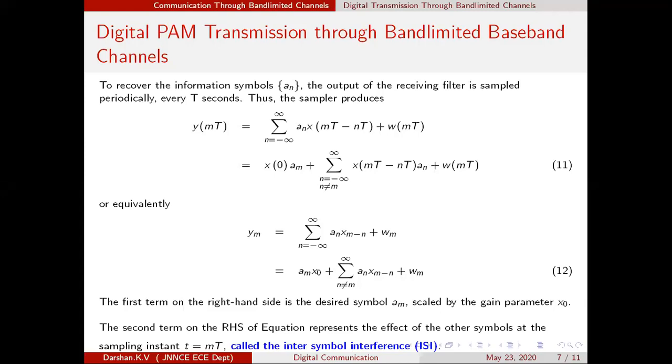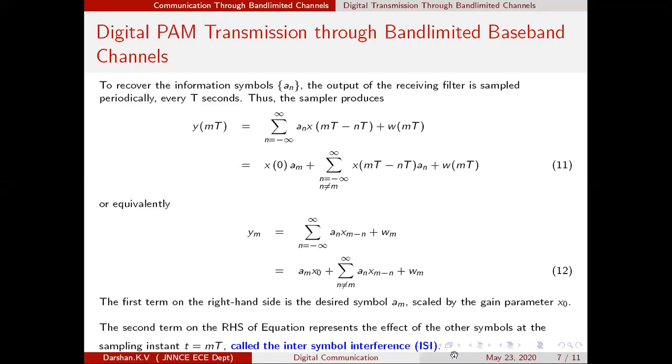So, that is the case. Now, among the 3 terms in equation number 11, which are wanted and unwanted? The noise is there, that you cannot avoid. That will be as it is. This is x of 0 into Am, the wanted component, and this summation x of mt minus nt into An is the undesired component.